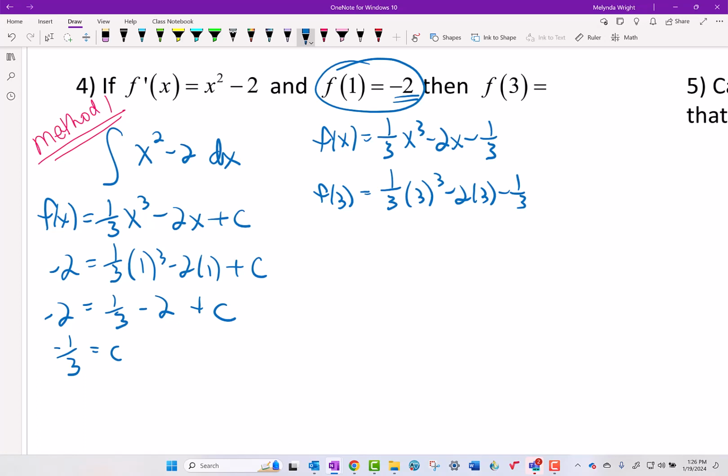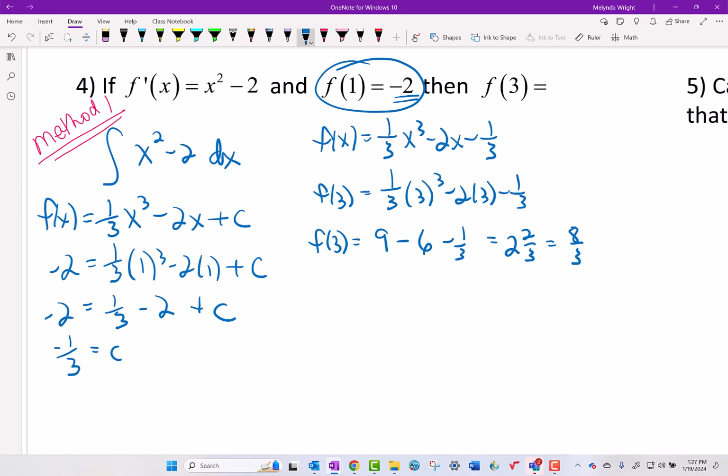So 3 cubed is 27. 27 divided by 3 is 9, minus 6, minus 1/3. 9 minus 6 is 3. 3 minus 1/3 is 2 2/3, or if we wanted to write it as an improper fraction, it would be 8/3. Okay, that's method 1.